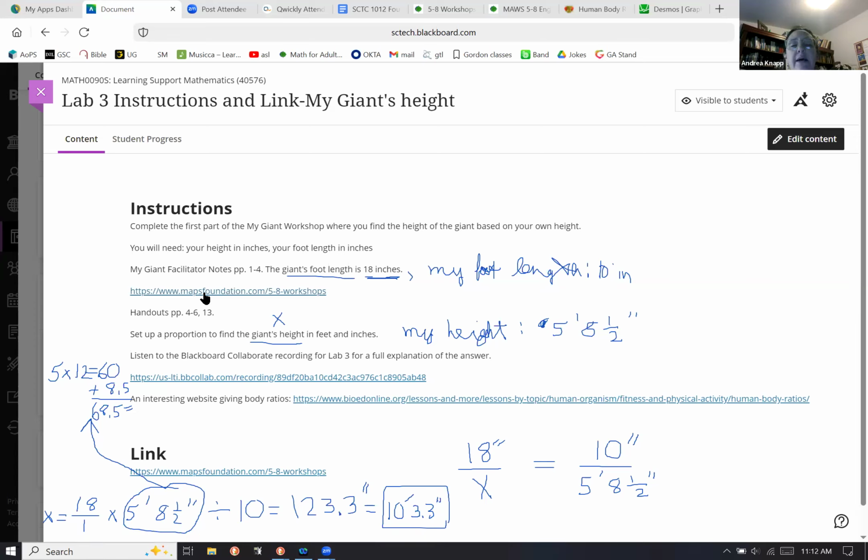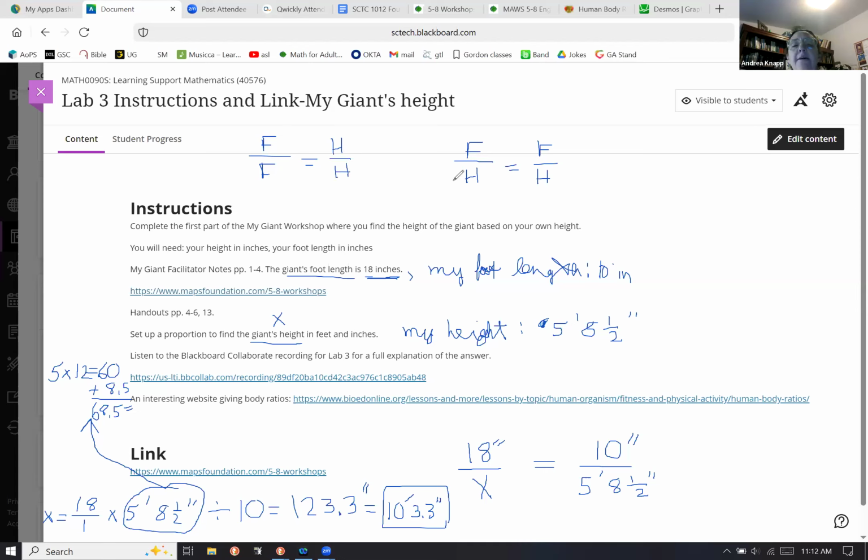The way we set it up is using the giant's foot length to the giant's height, so we did the foot length to the height equals my foot length to my height. But we could have set it up with giant's foot length to my foot length equals the giant's height to my height. And you would get the same answer.